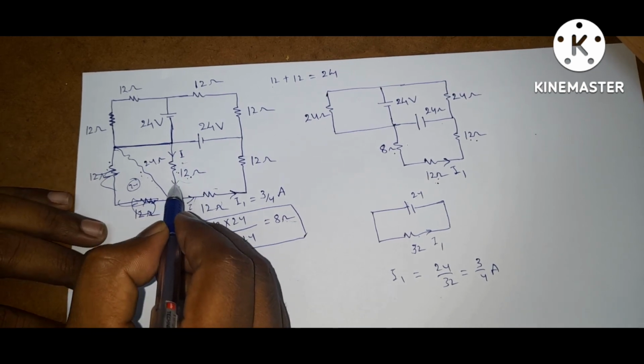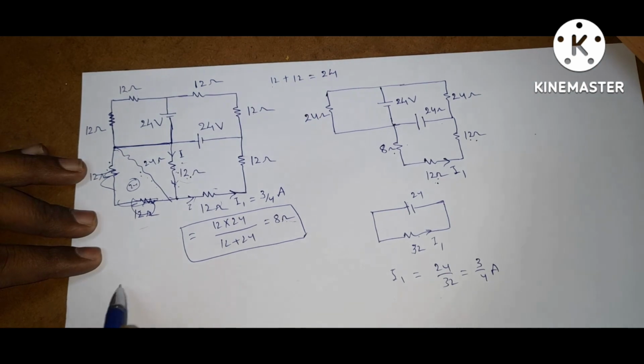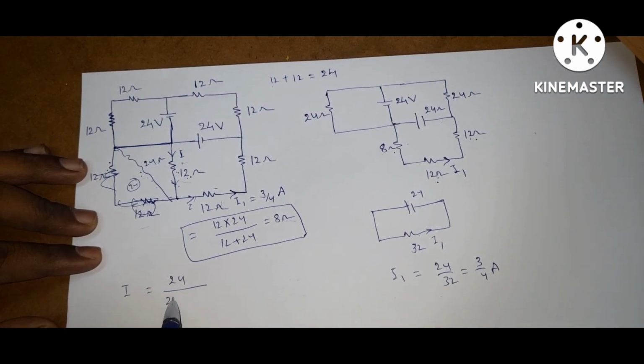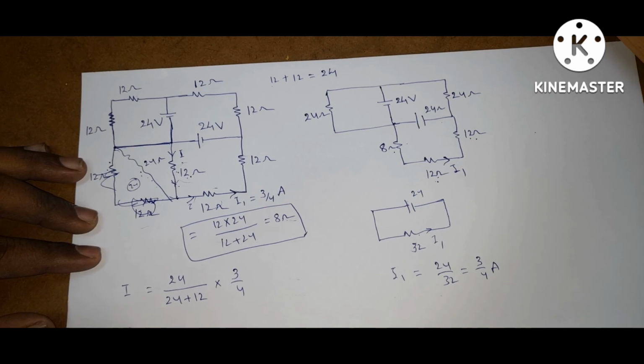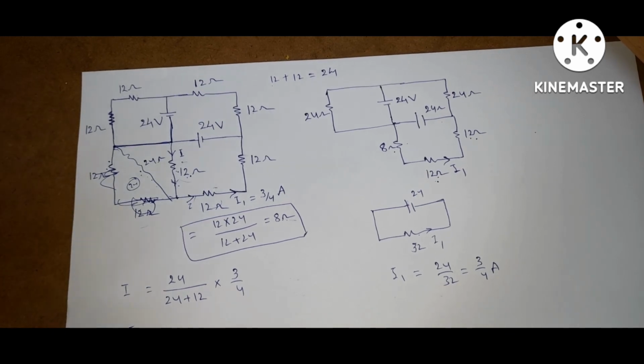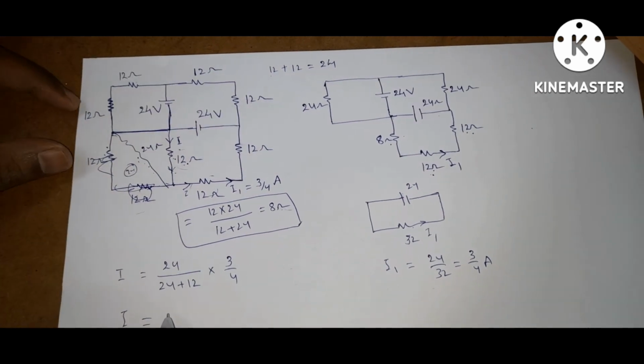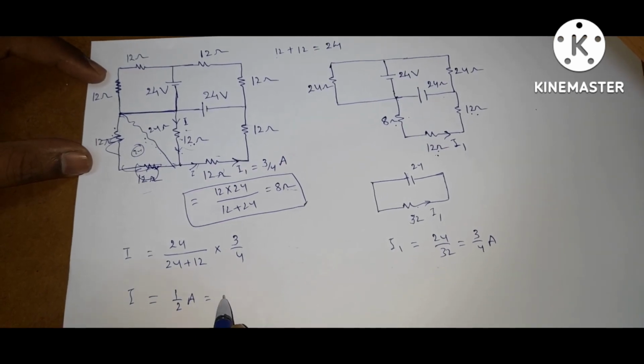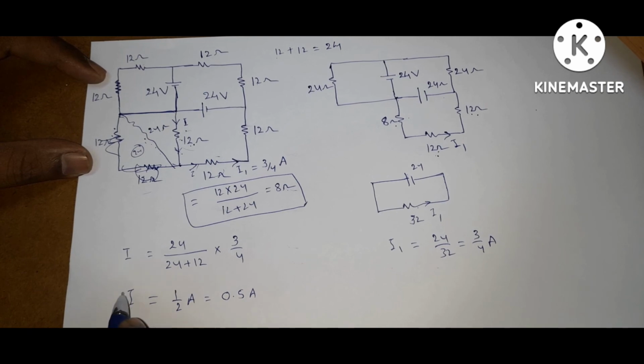So what is the current flowing through this resistor? Opposite resistance, that is I is equal to 24 by 24 plus 12, total resistance into total current, that is I1. I1 means 3 by 4. If you solve this, you will get 1 by 2 amperes or 0.5 amperes.